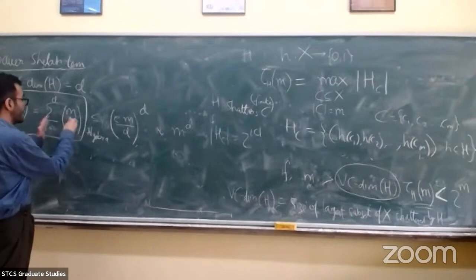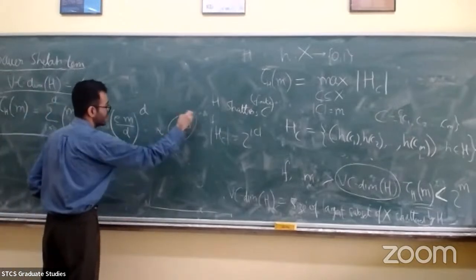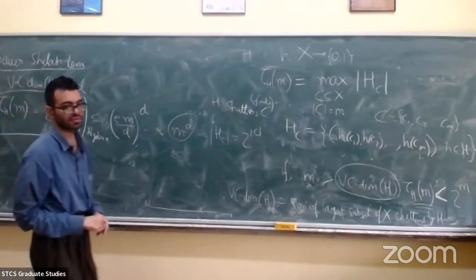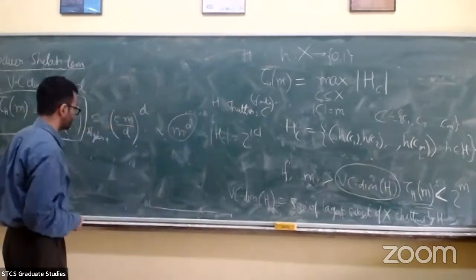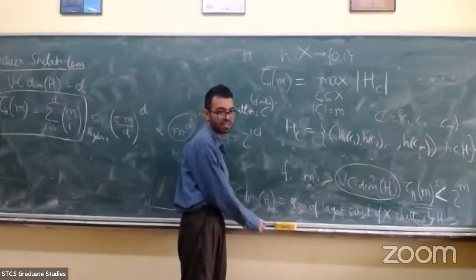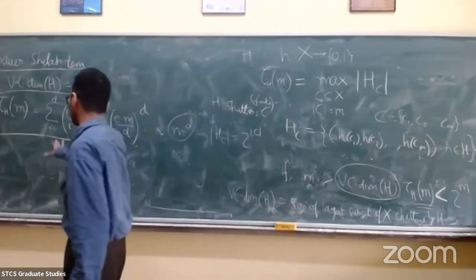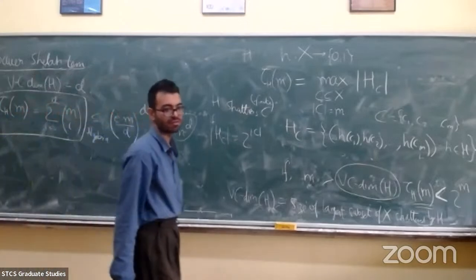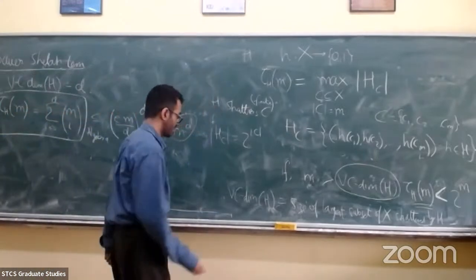But just remember that this is at most m to the d. That's the thing to remember. Okay, great. So here let's prove this Sauer's lemma. Any questions about this? The statement of the lemma? What we are trying to prove? Why we are trying to prove it? Okay, no questions.